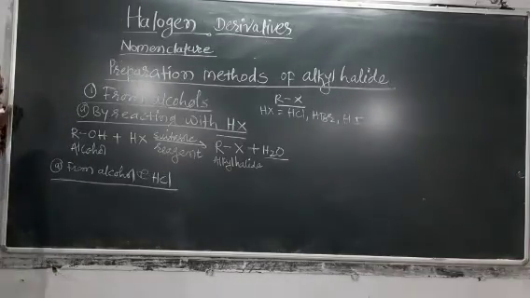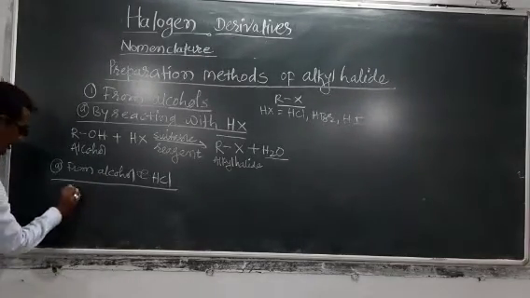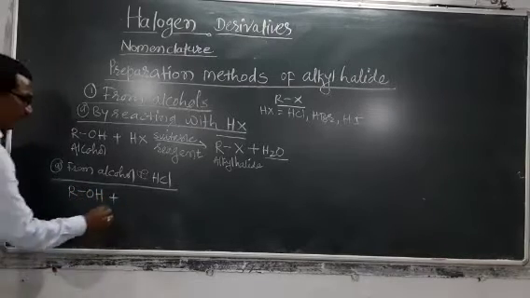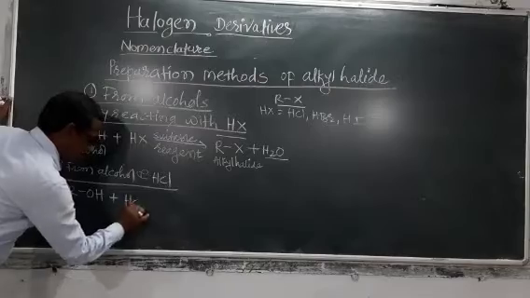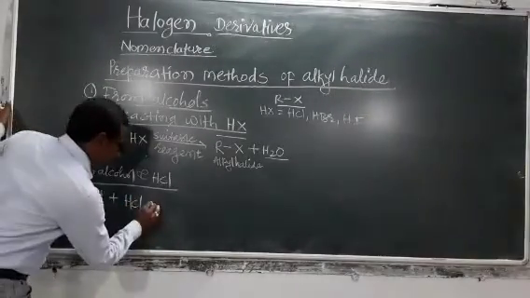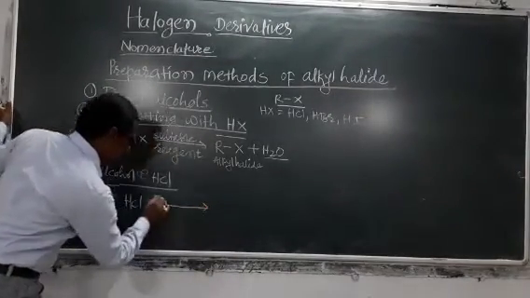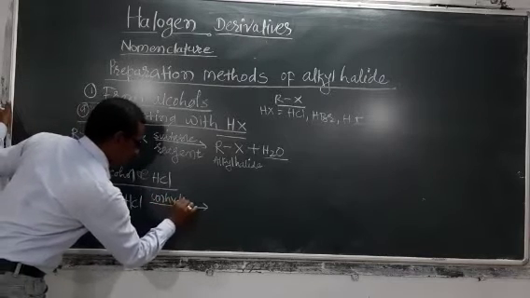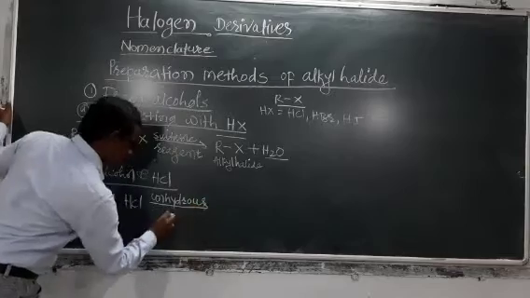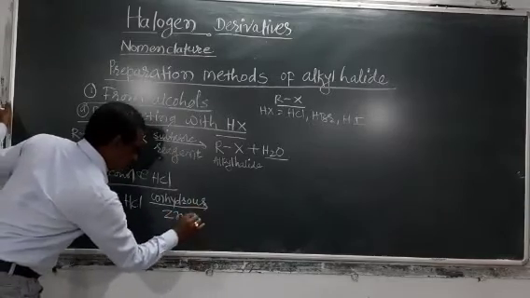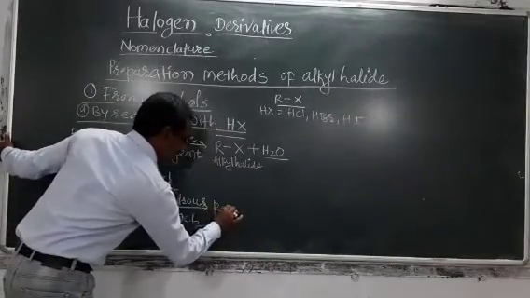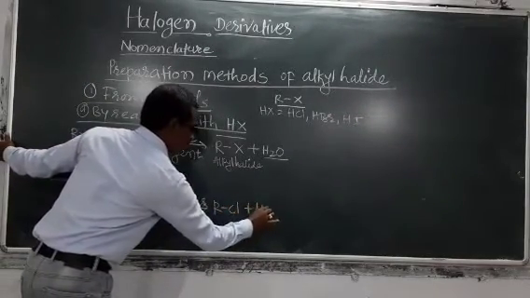How will you prepare? When alcohol ROH is reacted with HCl in presence of anhydrous ZnCl2, it will give RCl plus H2O.